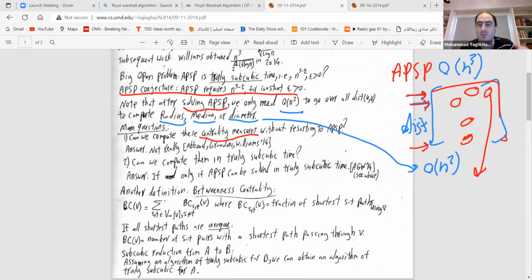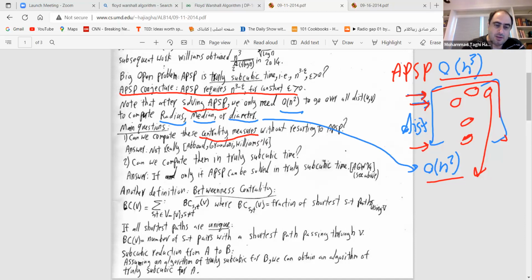The question is, can we do any of them better than n to the cube? Because yes, if we have n cube for all pair shortest path, then we can solve them in order n square. But can we do something without all pair shortest path such that the running time is still better than n cube? Note that because first you need to do all pair shortest path, the running time of this algorithm would still be n cube this way. Is there any other way that we can get subcubic algorithms?